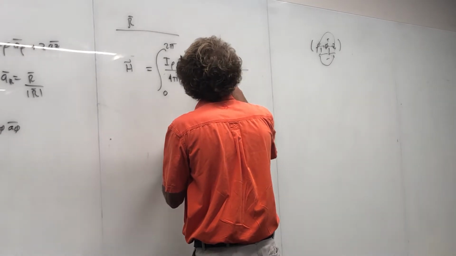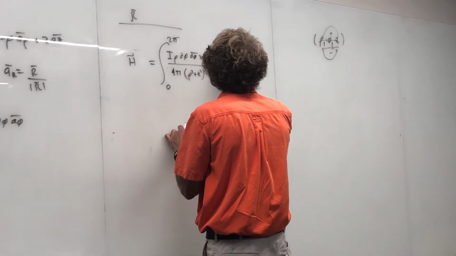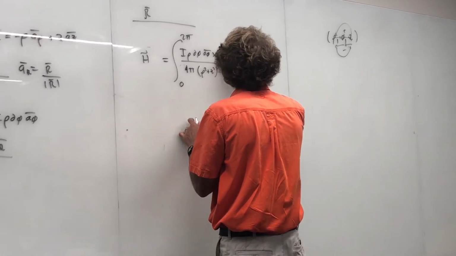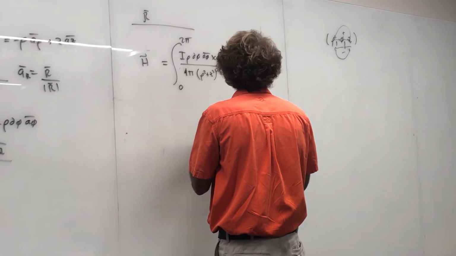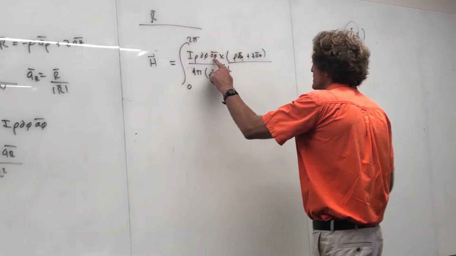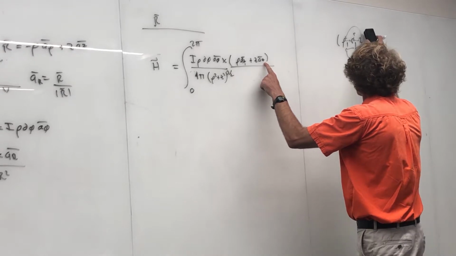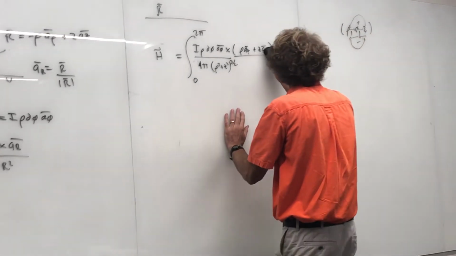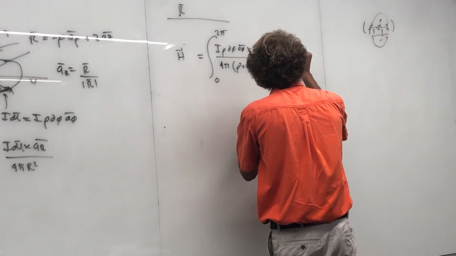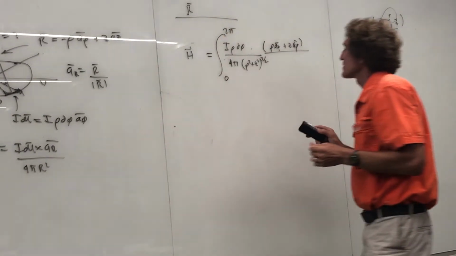And because there's a minus sign, I can make that plus az. I'll get rid of that a phi in a second. What about a phi crossed az? Plus a rho. Get rid of the cross. Now that's the integration you have to accomplish.